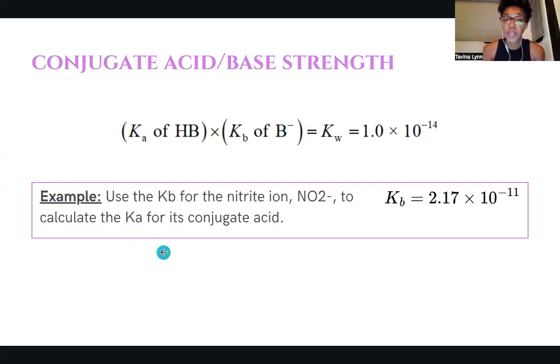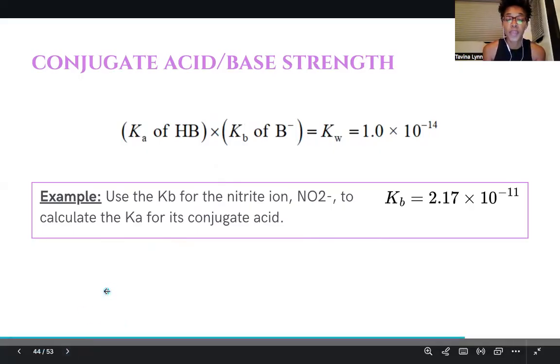So that's what we're doing in this example. We're asked to use the Kb for the nitrite ion to calculate the Ka for its conjugate acid. So we're given the Kb, 2.17 times 10 to the minus 11. We can use this relationship here to find Ka.